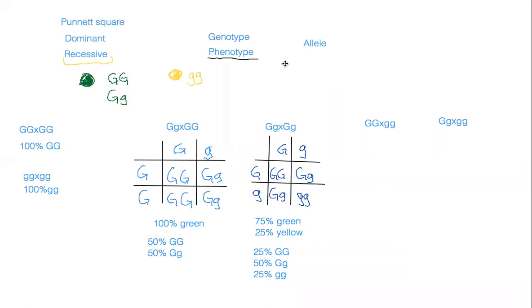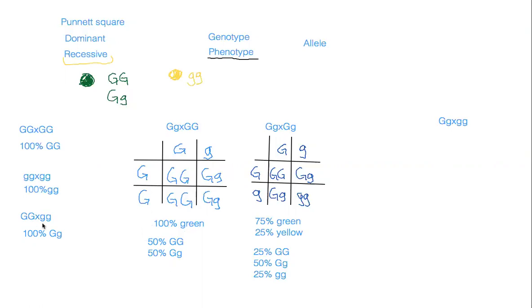I will move it here. So you can tell, if I do the same diagram that I did with these two, the only outcome will be that 100% of them will be heterozygous. So that's going to be capital G with lowercase g. That's how we represent it, remember. Because there is no other option, 100% of them will be like this, 100% will be green.